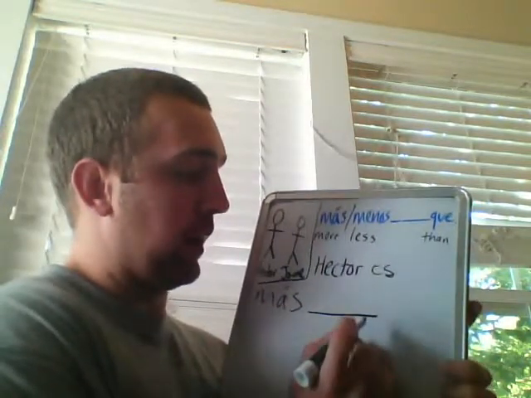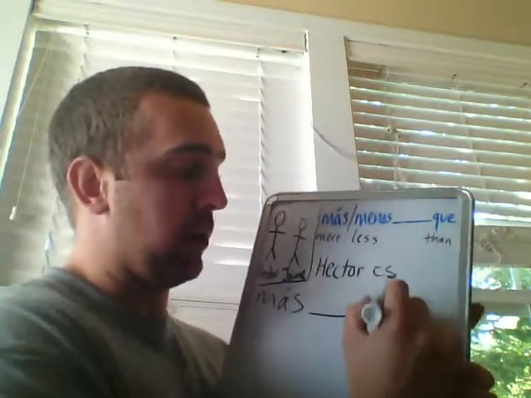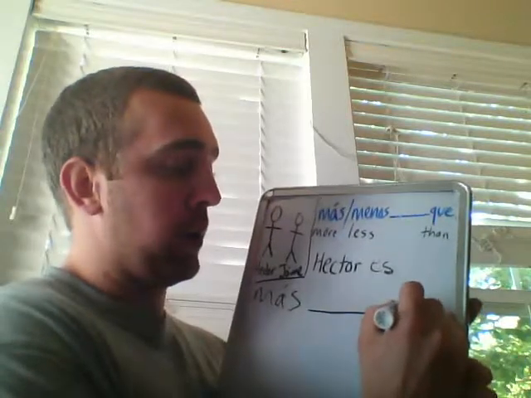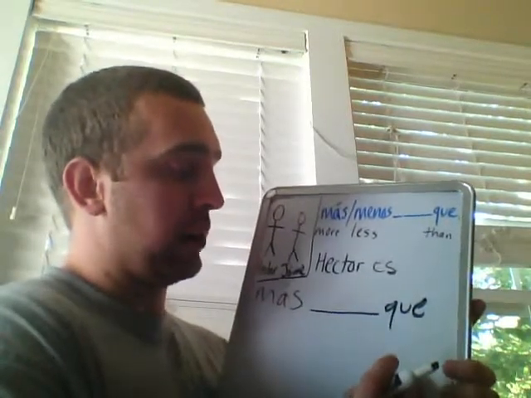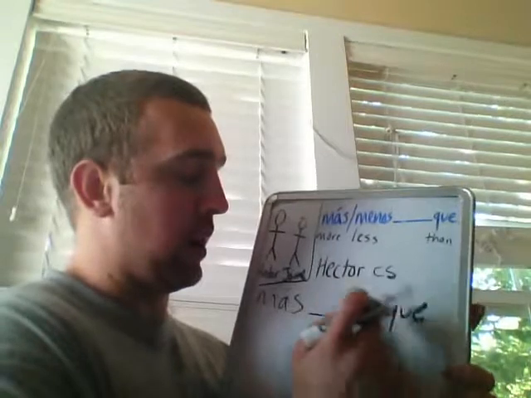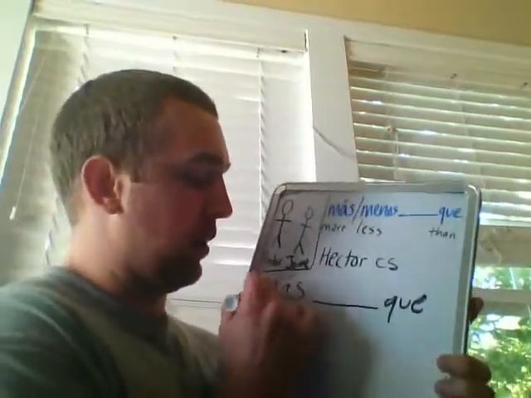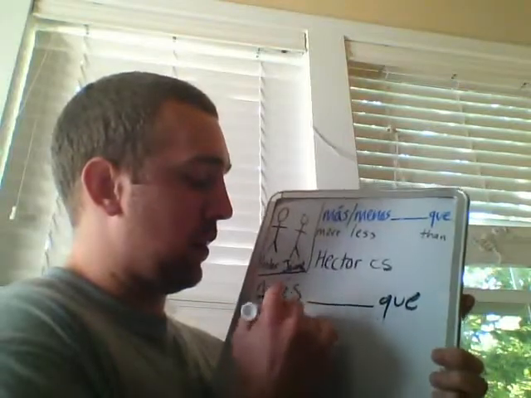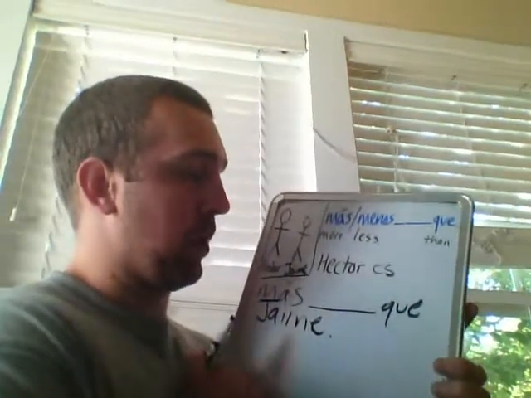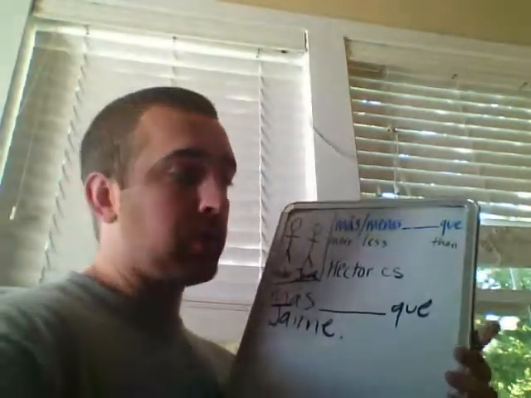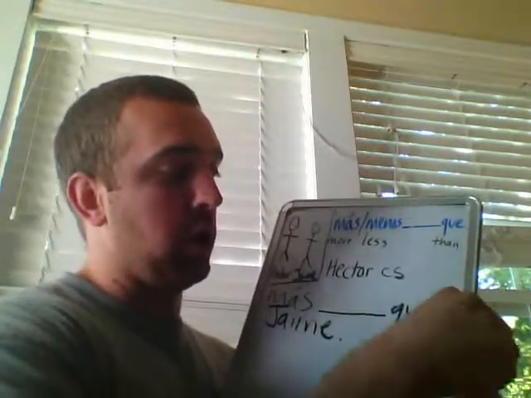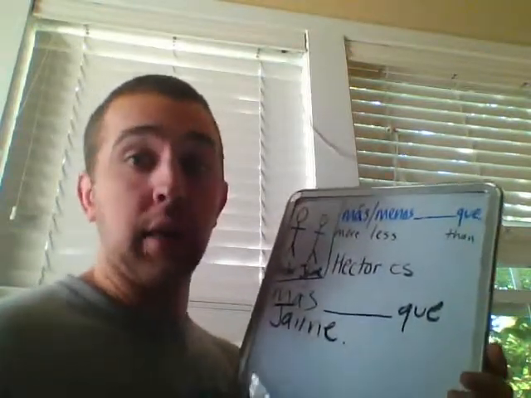Now I have my blank. I'm going to use K again. We always use K with comparisons of inequality. So Hector is more something than my other guy, Jaime. So he's going to go at the end. Más que Jaime. Alright, now if you remember, the adjective that means tall is alto.